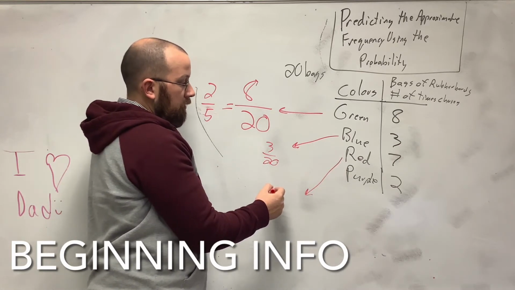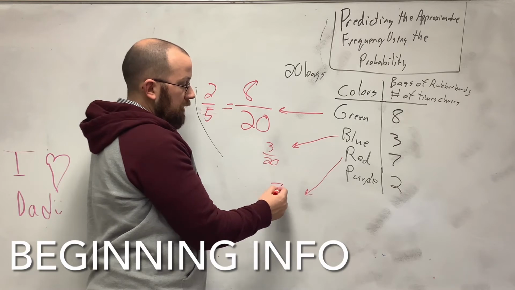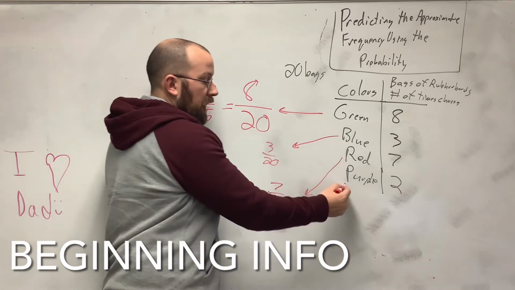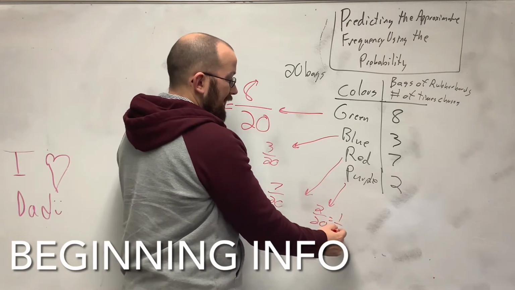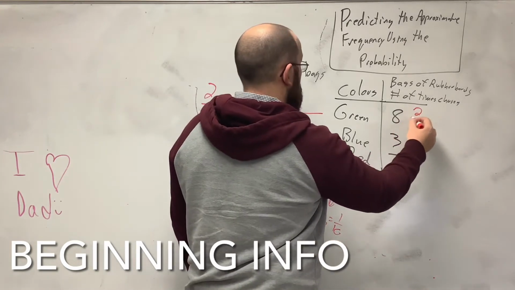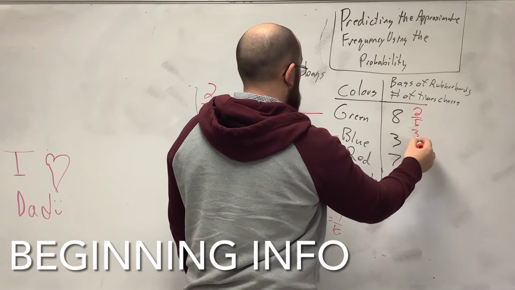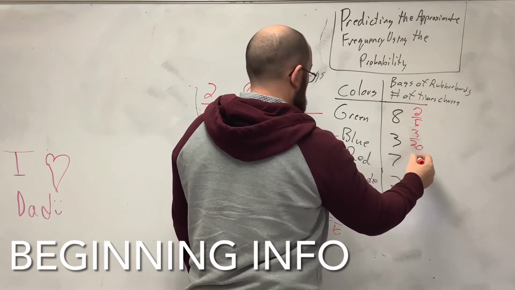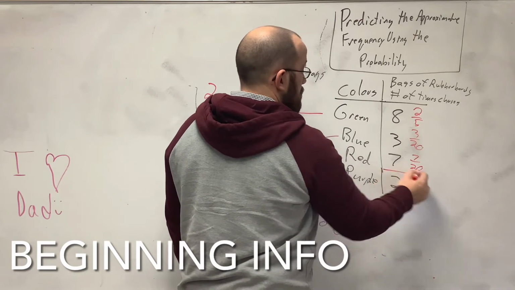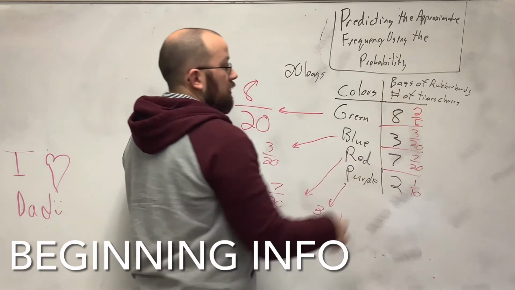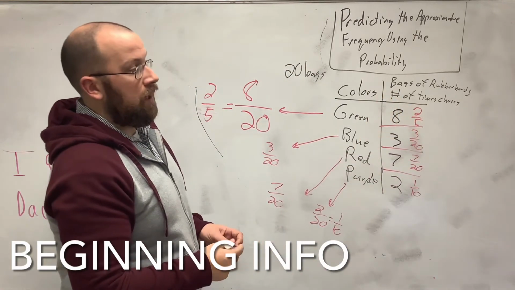My red will be 7 over 20, which doesn't simplify, and my purple is 2 over 20, which gives me 1/10. So 2/5, 3/20, 7/20, and 1/10. Those are my relative frequencies of how many times I'm going to pick each one out.